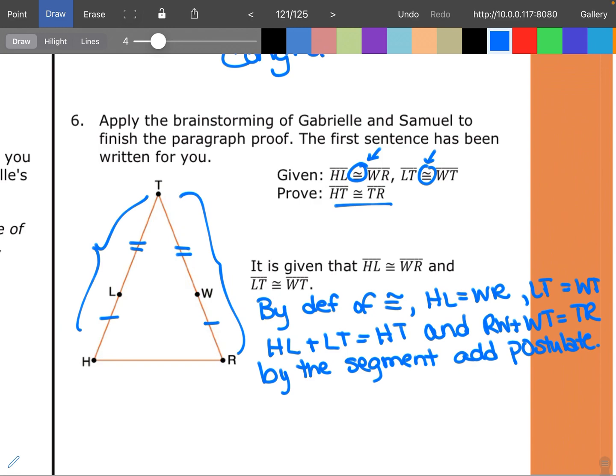So I need to make a connection between the two. So I'm going to make the connection with HL and WR.